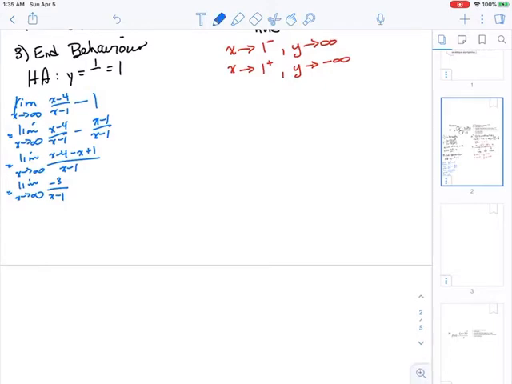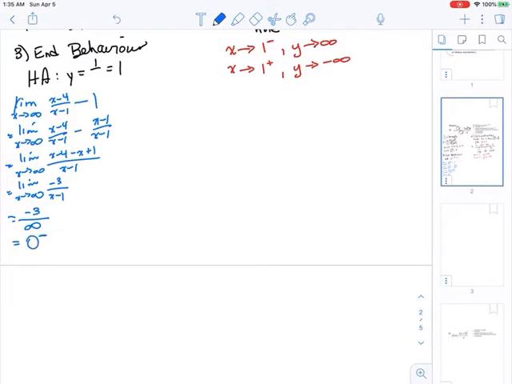So then what we get, as x is going to infinity, this will equal negative 3 over infinity minus 1. And infinity minus 1 is really just infinity, which means this is going to be a negative number, but a very, very small value. So it's approaching 0, but it's going to be negative.